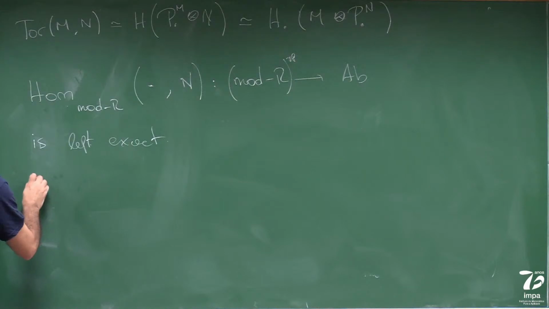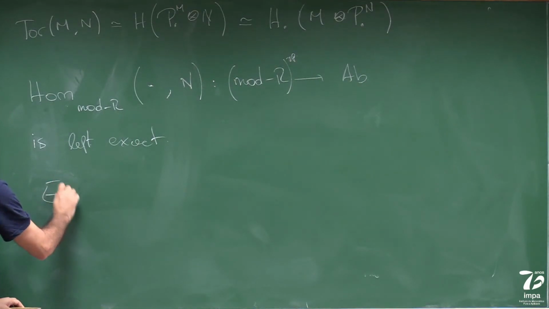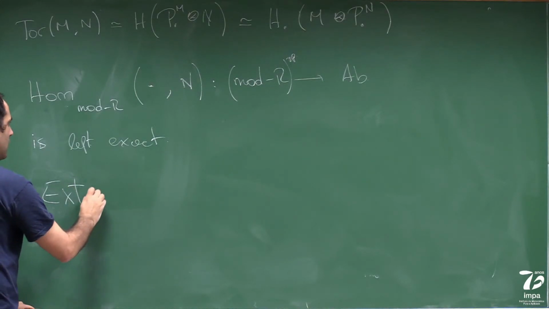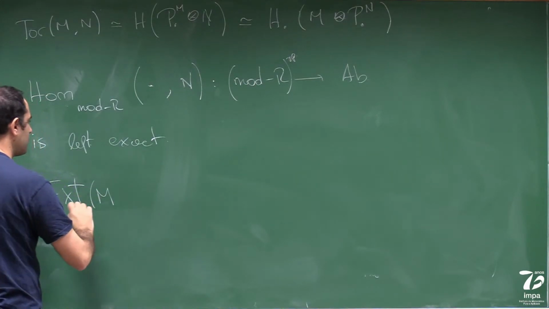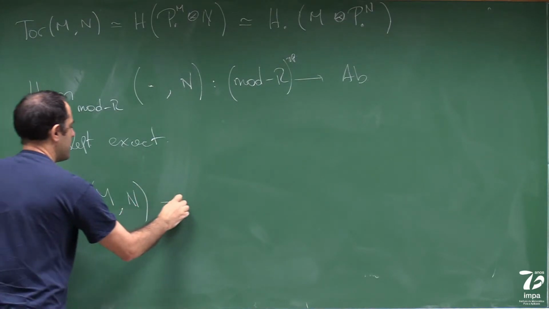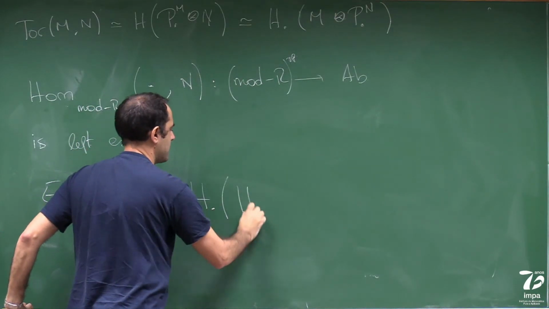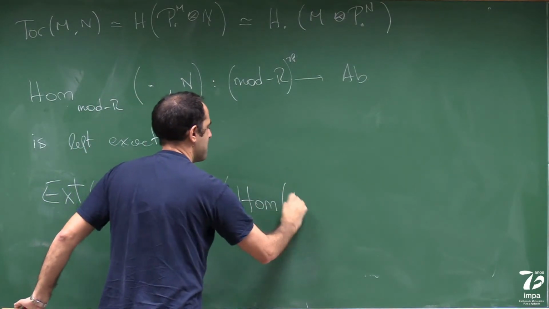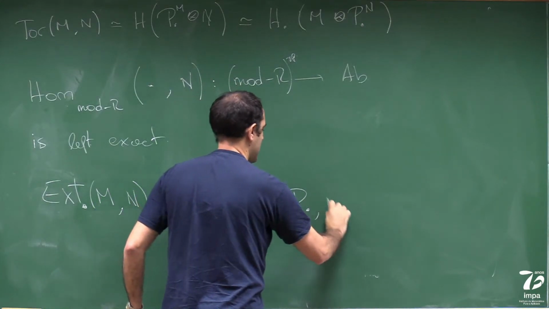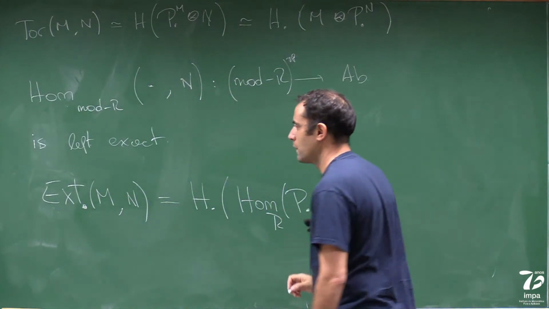Okay? So if I want to compute Ext M, N, then I will need to compute the homology of the complex that is obtained by looking at Hom P, N in the category of R modules.